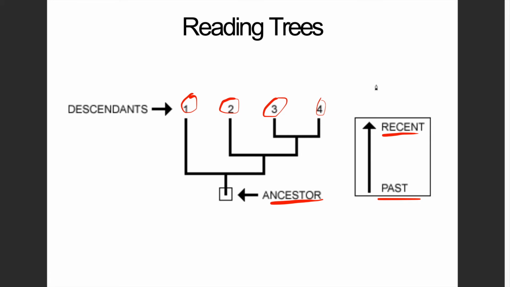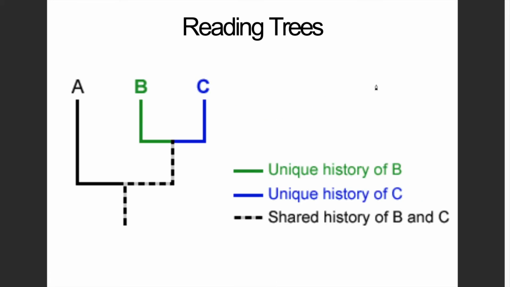Okay? And next, it also shows us the shared and unique history of organisms, like how organisms B and C share a common history. Although they also have their own unique history, they share a common history back here. Okay, that's the meaning of this connection right here, this branch right here.